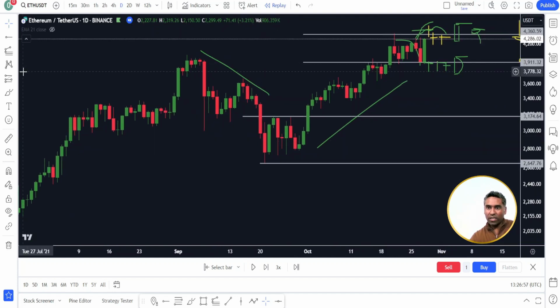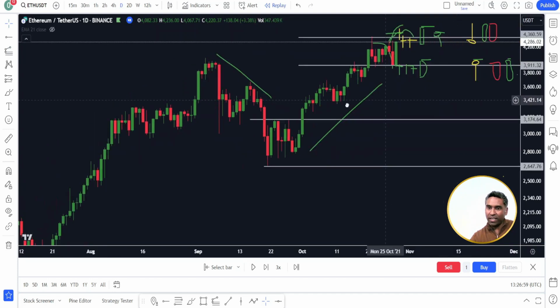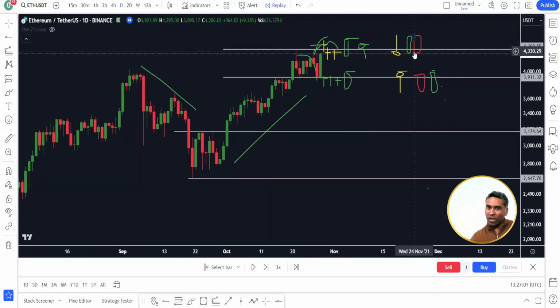The candlestick patterns are the same, but in the opposite direction. Here we want to see the same candles, but we will sell. That's a pullback strategy.